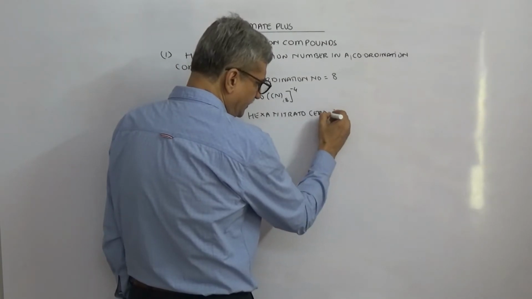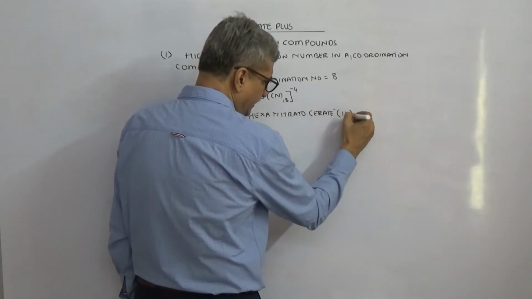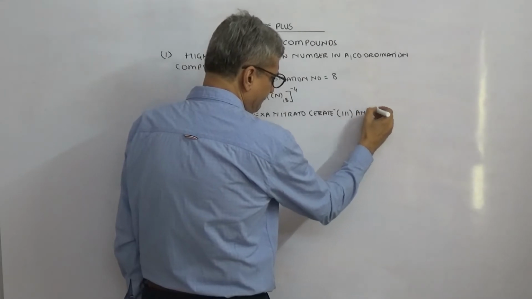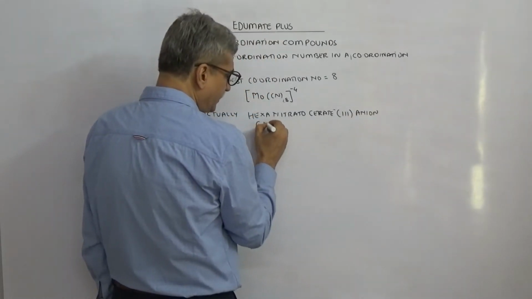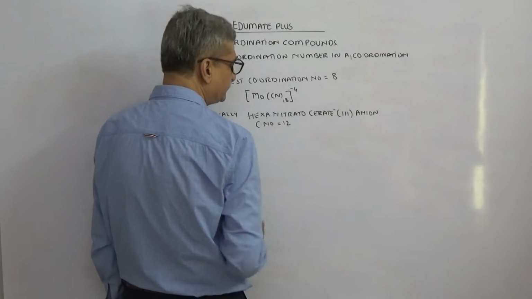So hexanitratocerate(III) anion has a coordination number equal to 12.